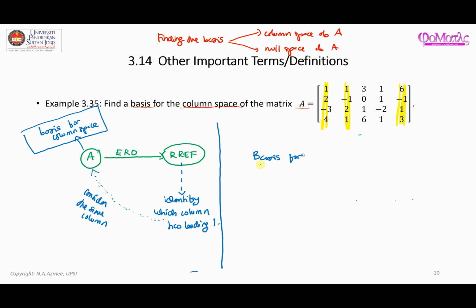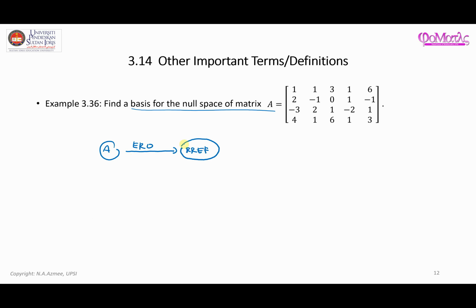Well, we have matrix A. Again, we have to reduce this matrix using elementary row operations. So here RREF. And then based on the matrix that you get here, for simplicity, we can call the result of this matrix as R.